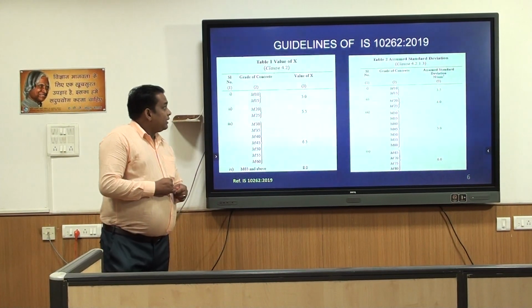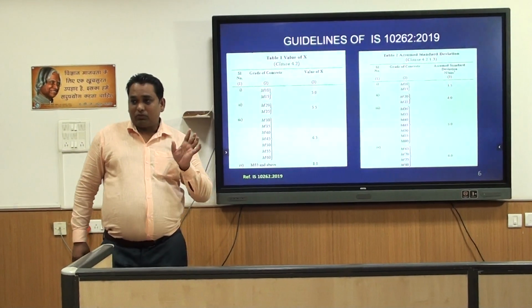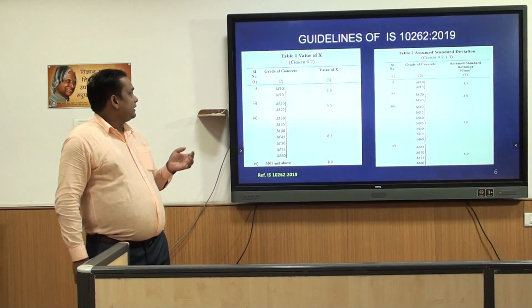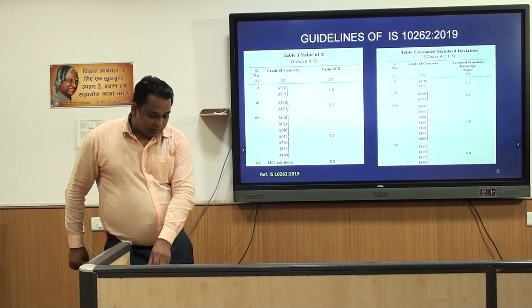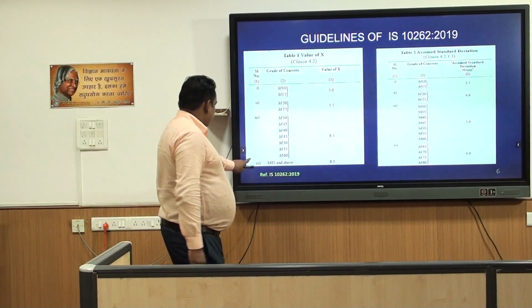So some tables I have taken from this code that I want to discuss with you. Earlier, this is how we were calculating the characteristic target compressive strength.